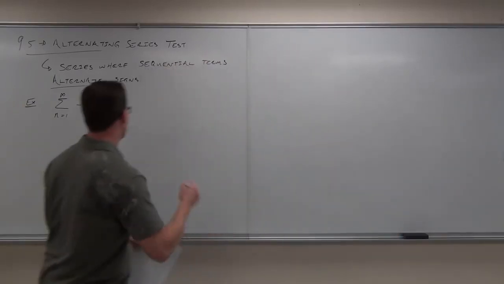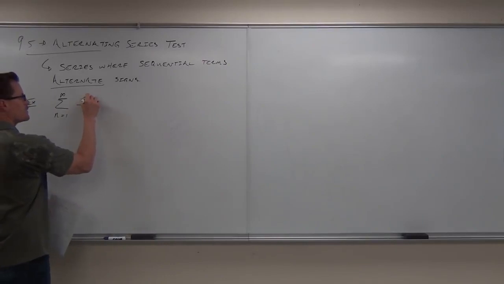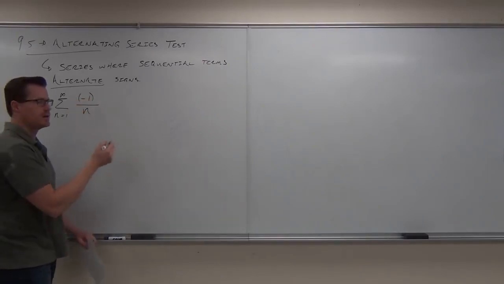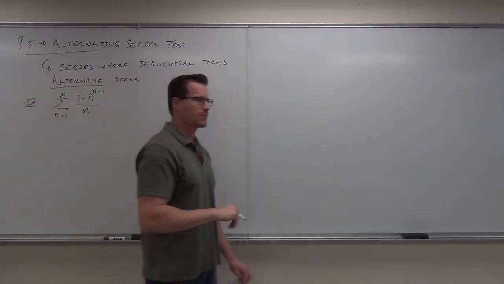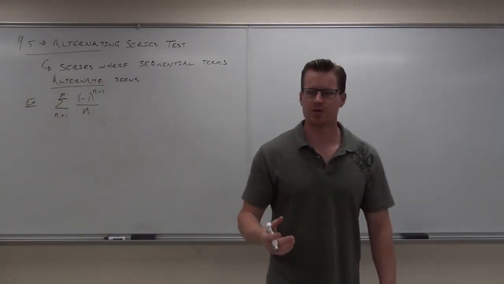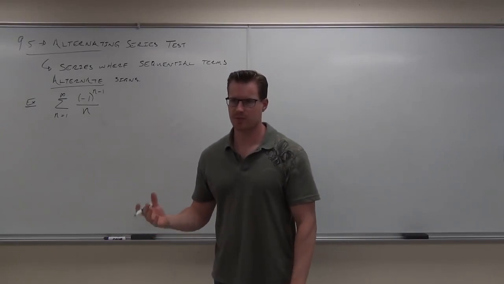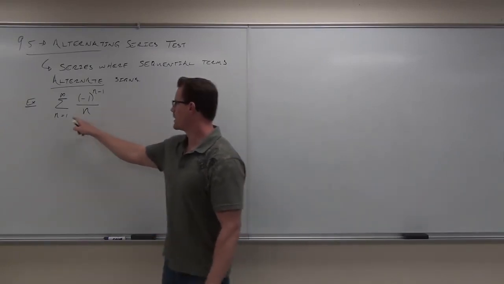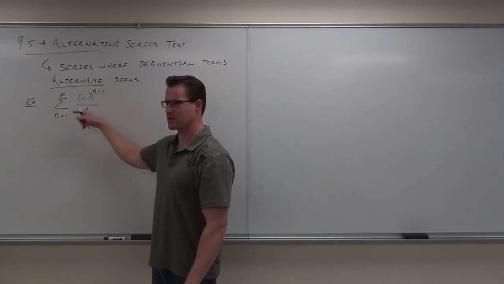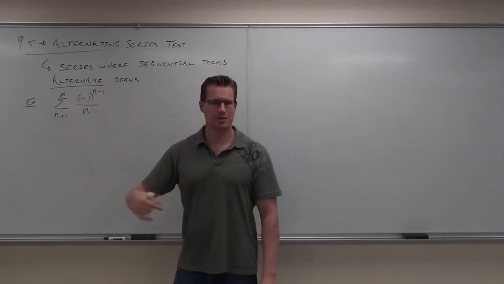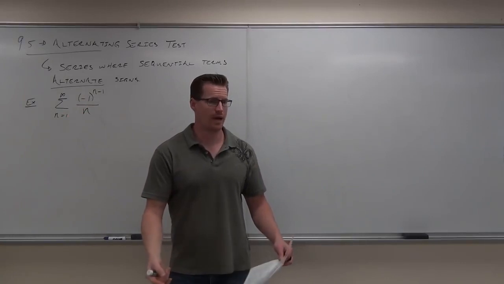Negative one. That's right. To some power. Yeah, -1 to some power that was based on n. So for us, it's typically n minus 1. We usually, not all the time, start with a positive term. So when I plug in 1, I would get 0, right? Remember how that matches typically? That's going to give us -1 to the 0, so we get a positive term to start with. That's normally how it happens.